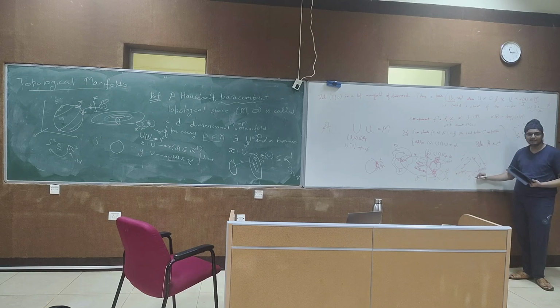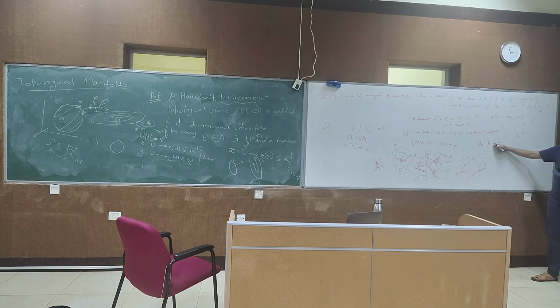This is basically y of x inverse. It maps transitions from here to here, and it is continuous, as a composition of two continuous maps. So in a topological manifold, any two charts are always C0 compatible.